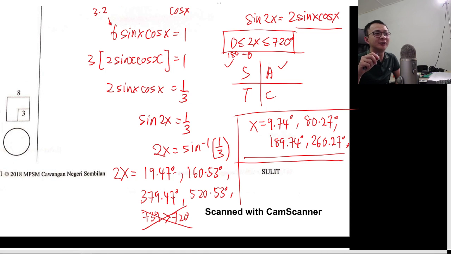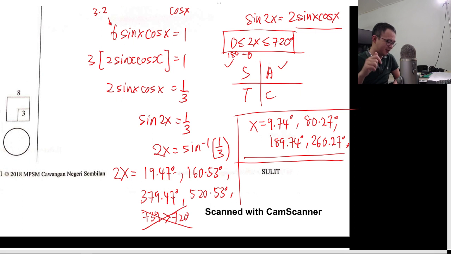Alright, so some questions here. Can I straight away use x equals 9.7356? Normally, I will not straight away use the 9.7356 because it's very hard for me to get the second answer. I don't understand how you get 150 point.